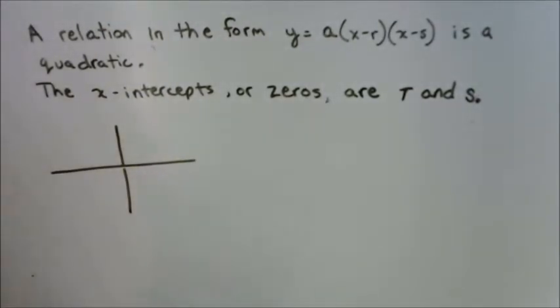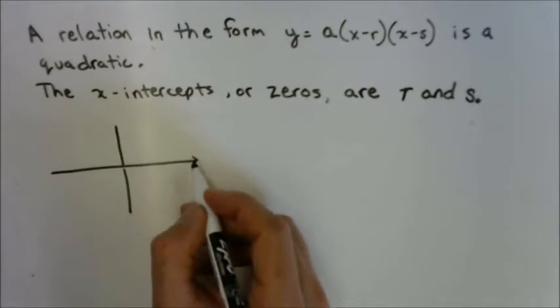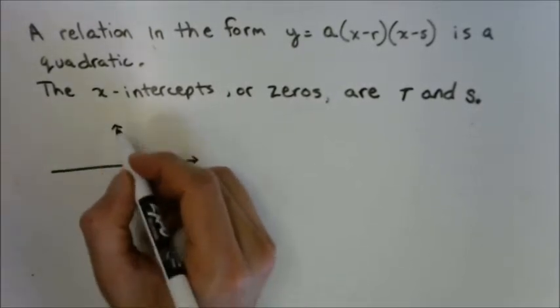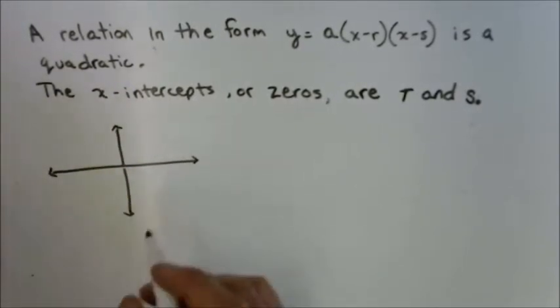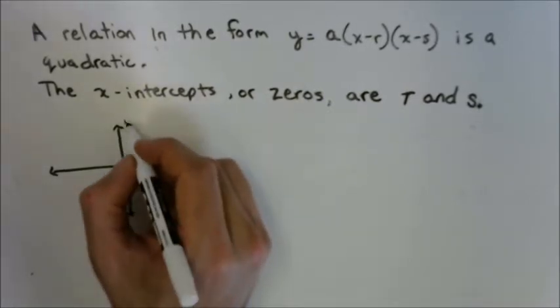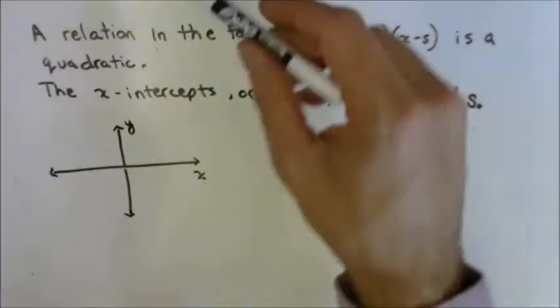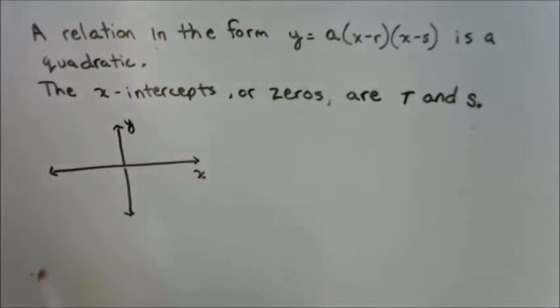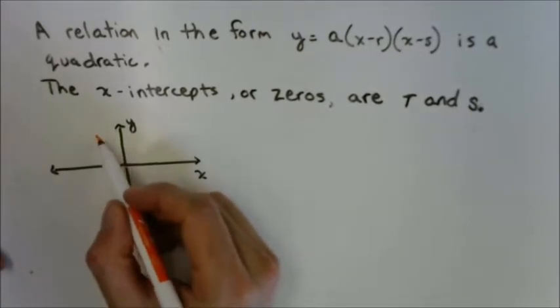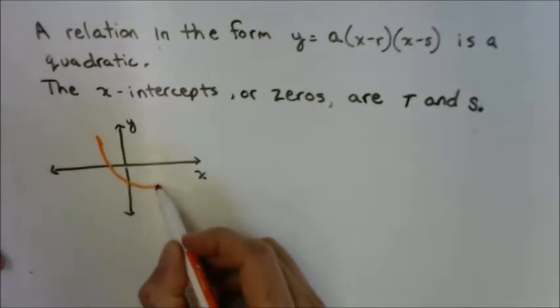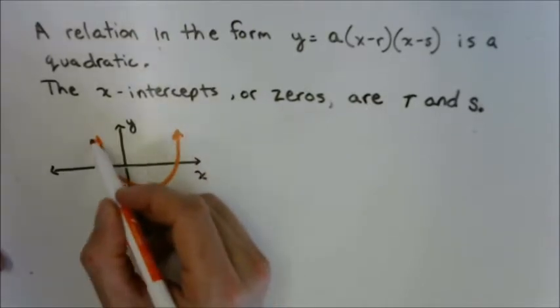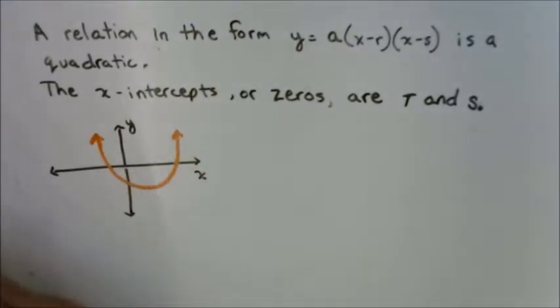Hopefully you have a little bit of room off to the side. You can draw a little coordinate plane with your labeled x and y axes. We'll go ahead and draw a little parabola.